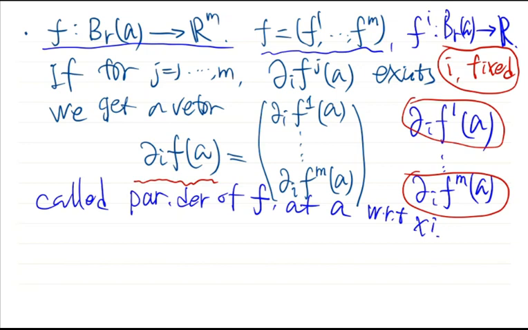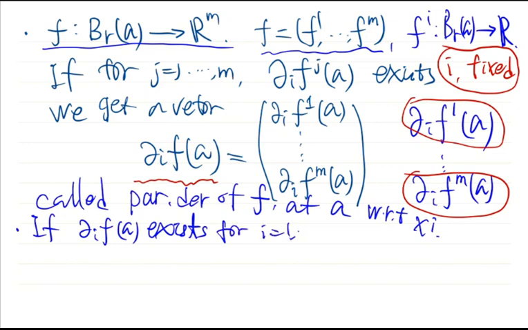In this discussion I is fixed. If this is also true for every I, that is, if the partial derivative exists for every I, of course I is 1 until n, then we have n partial derivative vectors for this vector valued function.